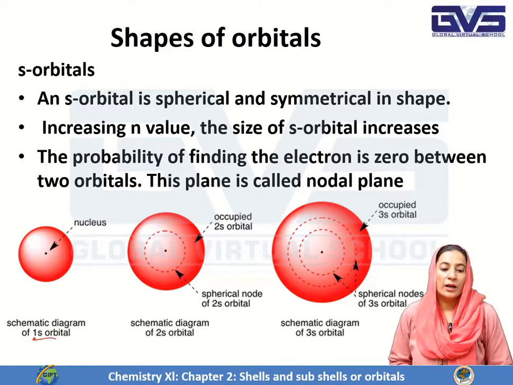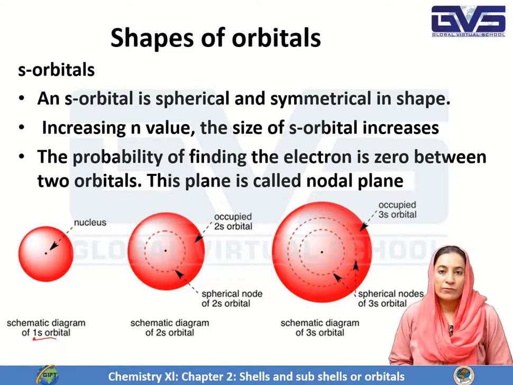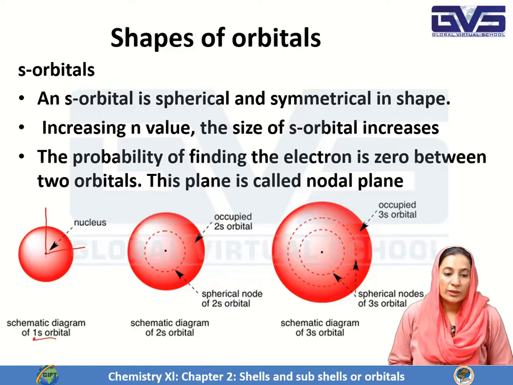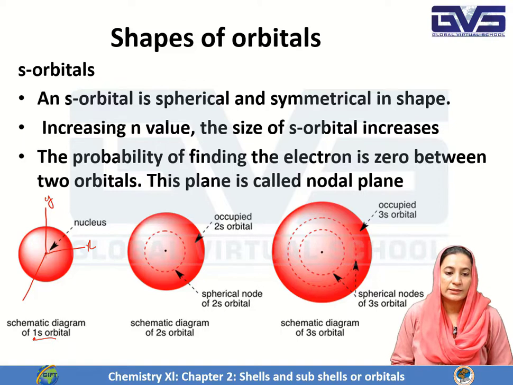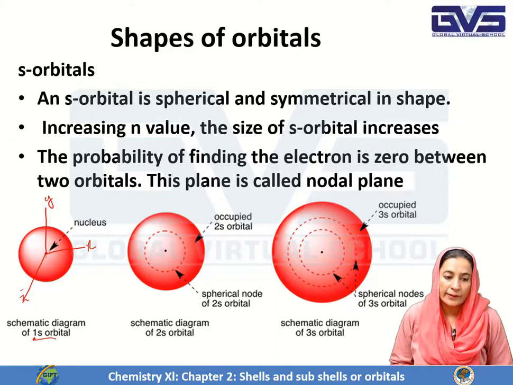This is one s orbital. n stands for the first shell, that is the K shell, or you can say n is equal to 1. This is the nucleus, and here are the axes. This one is the x-axis, this is the y-axis, and the z-axis is out of the plane, so we draw it this way.